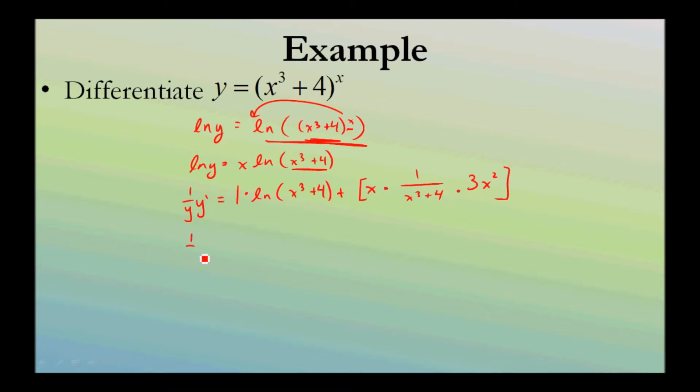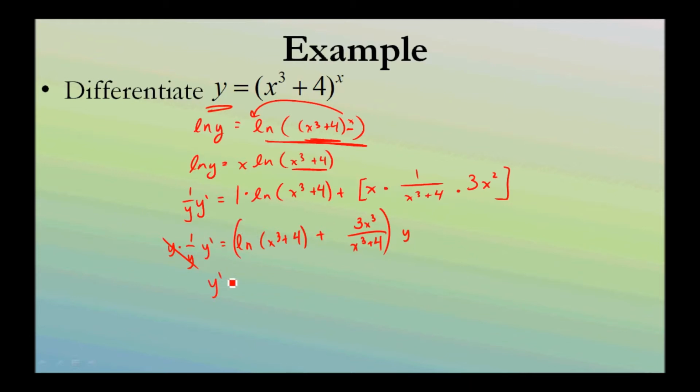So 1 over y times y prime is equal to the natural log of x cubed plus 4 plus 3x cubed divided by x cubed plus 4. To get y prime, which is our goal, we need to multiply both sides by y to cancel the y on the left side of the equation.